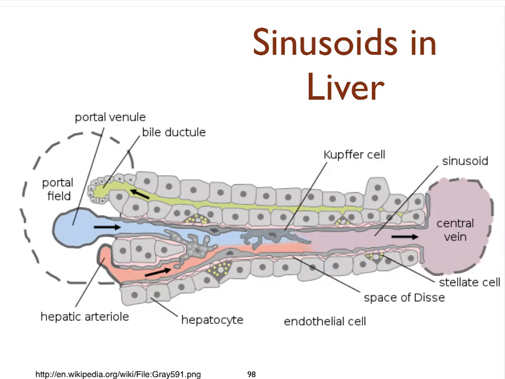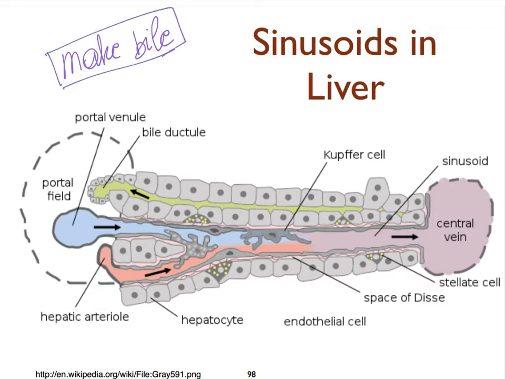The hepatocytes have many functions, but when it comes to digestion, the digestive function of the liver is to make bile. What exactly is bile, we'll learn later, but we need bile in order to digest fats in the small intestine.